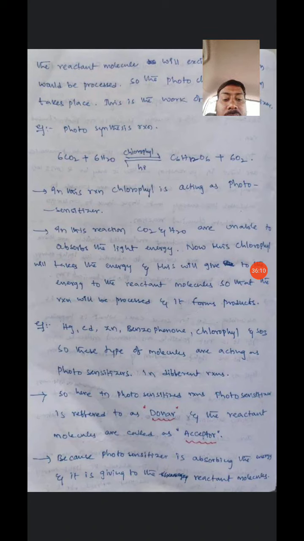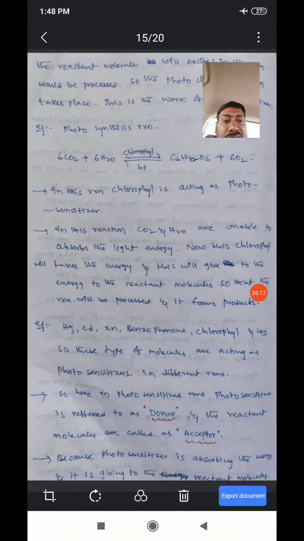In photosensitized reactions, the photosensitizer is referred to as a donor.